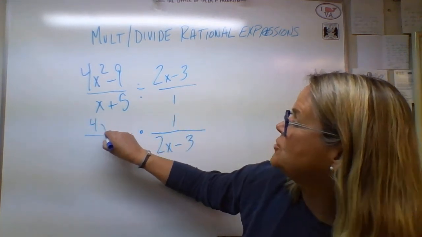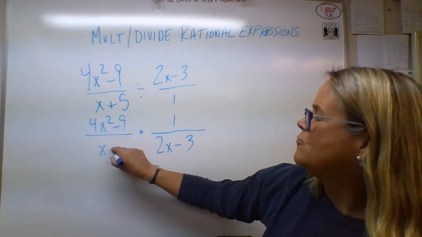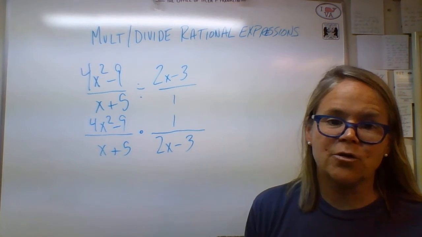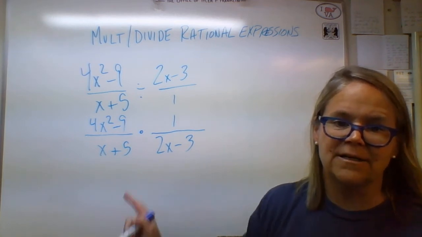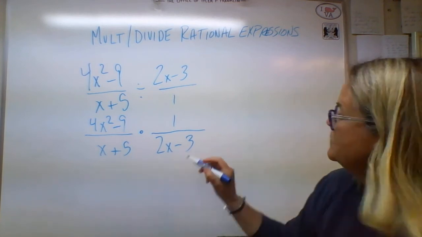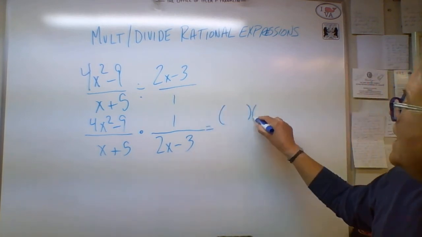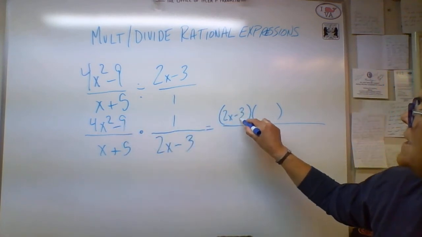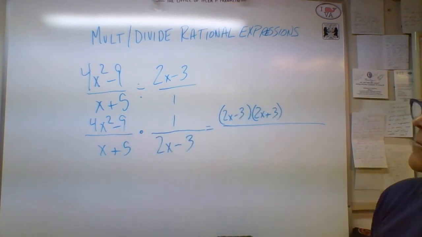The first fraction stays. The reason I wanted to do this is I want you to remember factoring perfect squares being subtracted. Perfect squares being subtracted. Square root, you have a plus and a minus. So that's 2x minus 3, 2x plus 3.